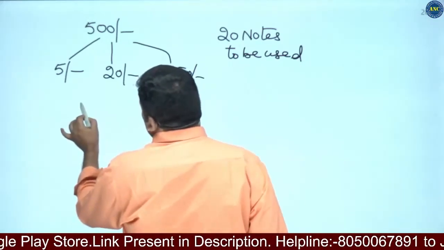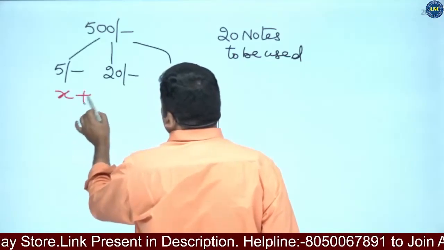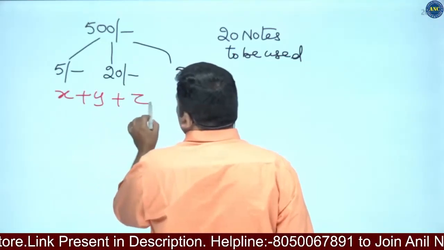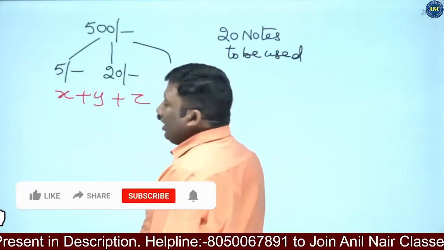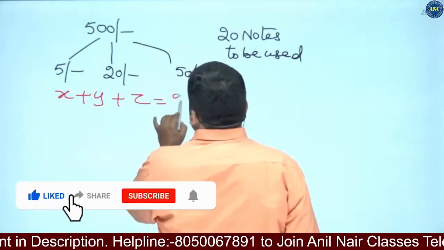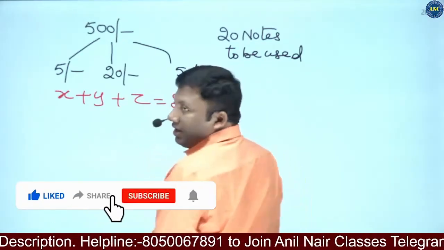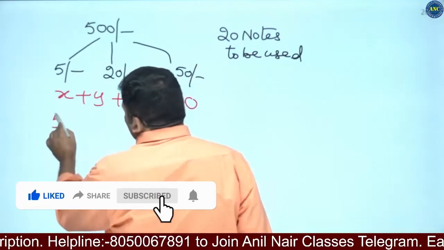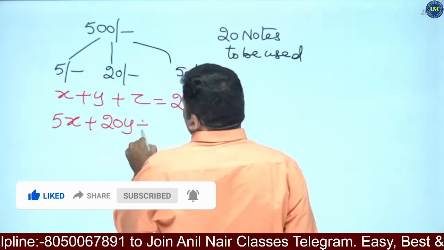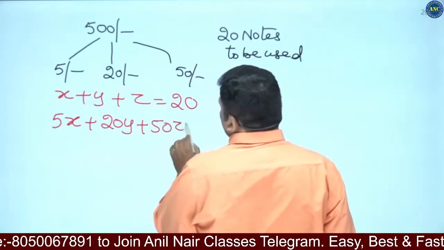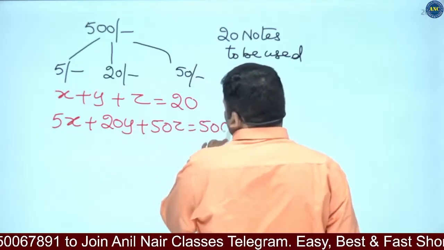Let me take x plus y plus z as the number of notes. 5 rupee notes I am using are x, 20 rupee notes y, 50 rupee notes z. x plus y plus z is 20. Total money is 5x plus 20y plus 50z is 500.